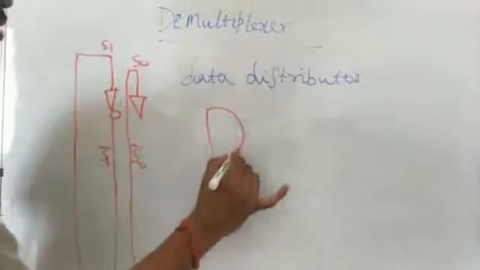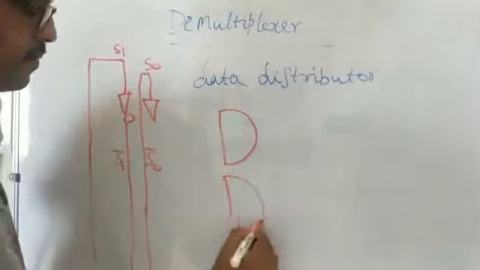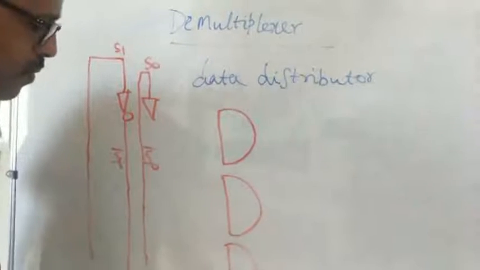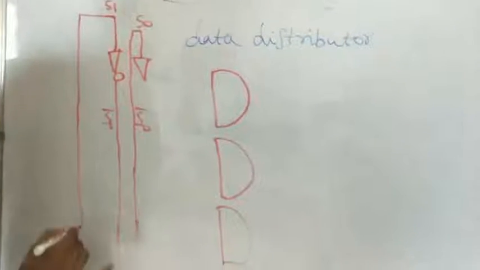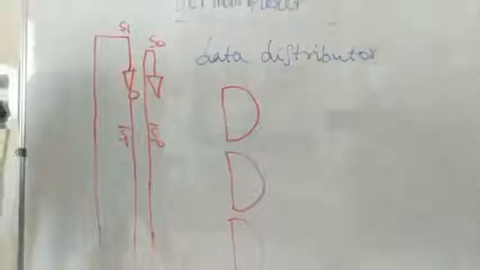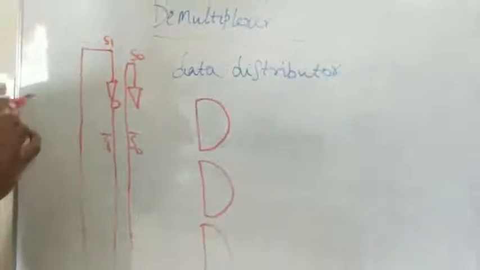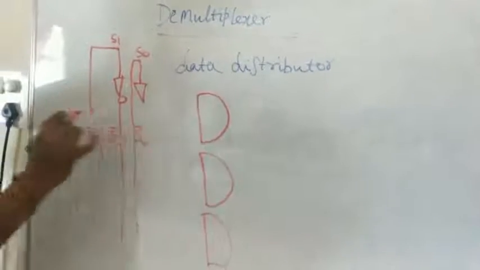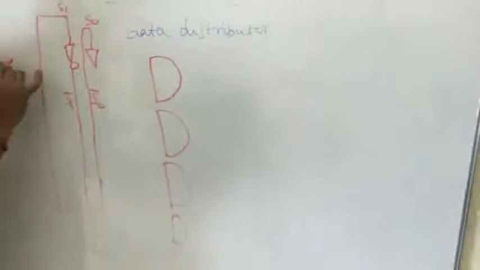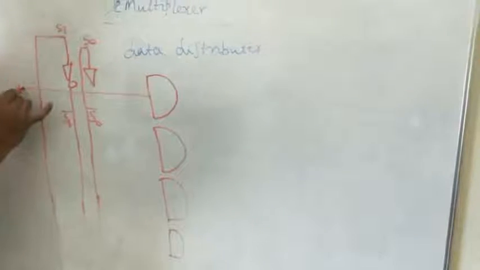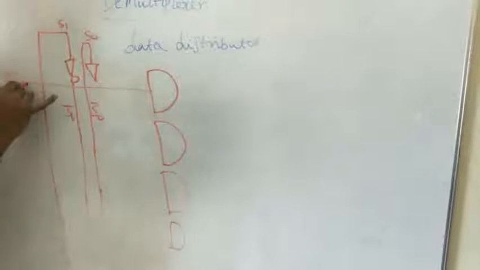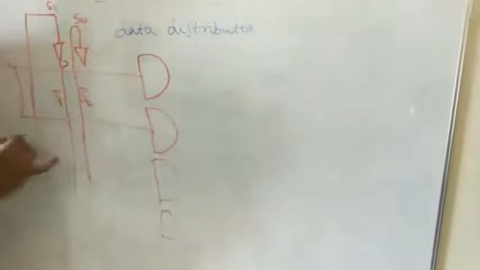Then 4 outputs that we are going to take as 4 AND gates. And we are going to give one data input that should be connected to all the AND gates. This is I, our data input that should be connected to all the AND gates.